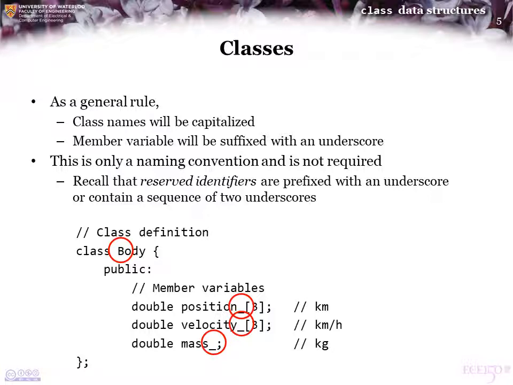Recall that reserved identifiers in C++ are prefixed or preceded by an underscore, or they may have a sequence of 2 underscores within the word. So this does not break that naming convention, as we are suffixing the member variables with an underscore.